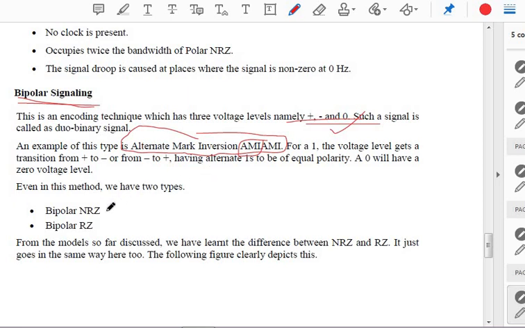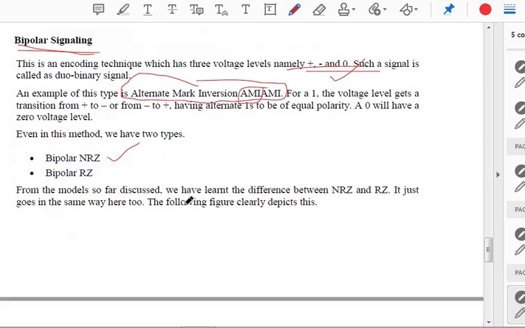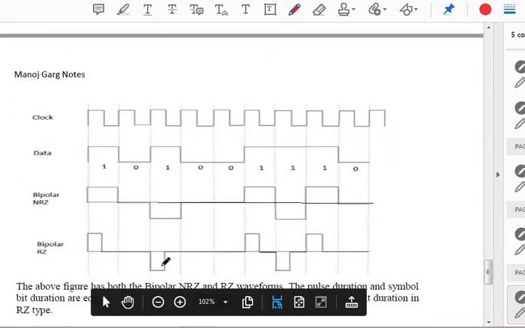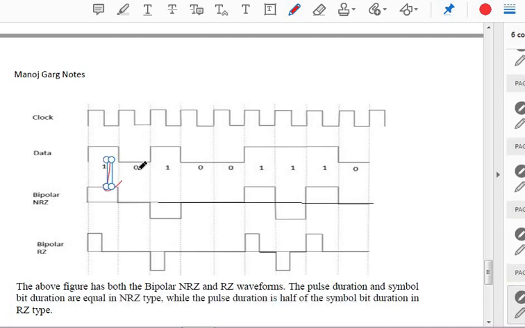In bipolar NRZ format, 1 is represented with high voltage, 0 with 0 voltage, and the next 1 by negative voltage.